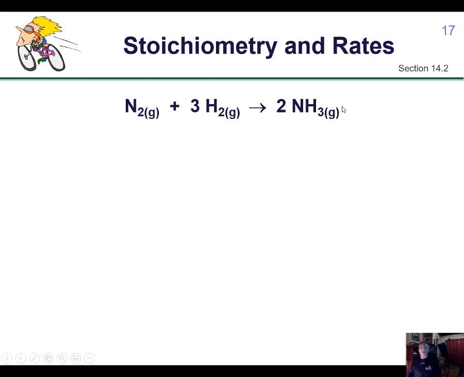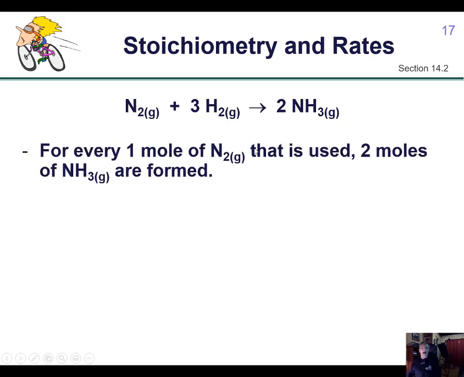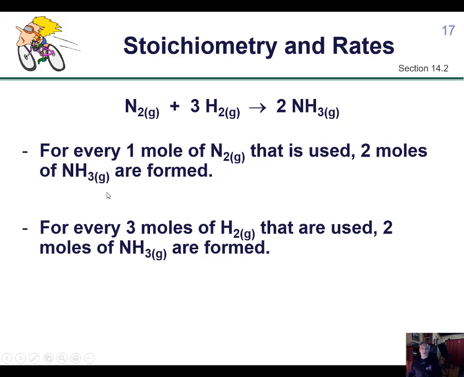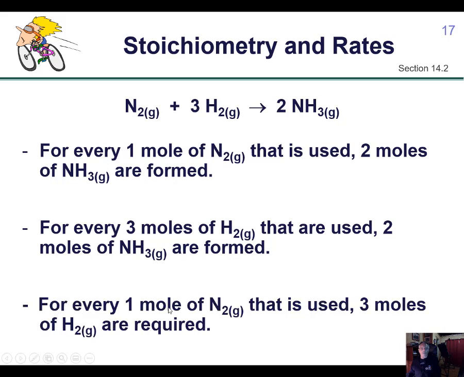So we definitely don't have a 1-to-1-to-1 relationship here. And this is what it says. For every 1 mole of nitrogen that is used, 2 moles of ammonia are formed. For every 3 moles of hydrogen that are used, 2 moles of ammonia are formed. And for every 1 mole of nitrogen that is used, 3 moles of hydrogen are required.